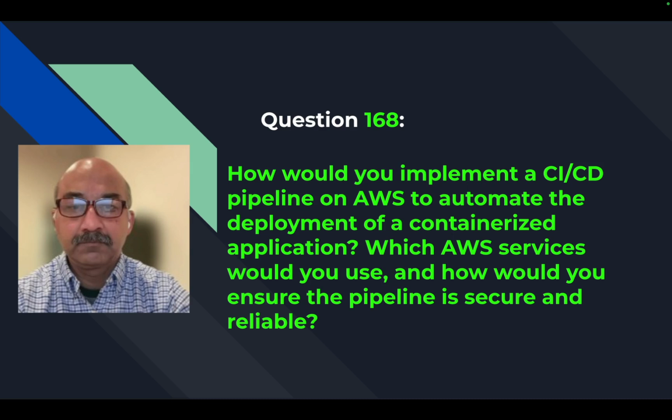The question today is: how would you implement a CI/CD pipeline on AWS to automate the deployment of a containerized application? What services are you going to use? And how are we going to make the pipeline secure and reliable? So the idea of this question is you are heavily invested in AWS to begin with. That's the premise.